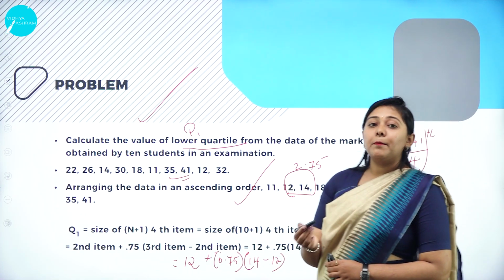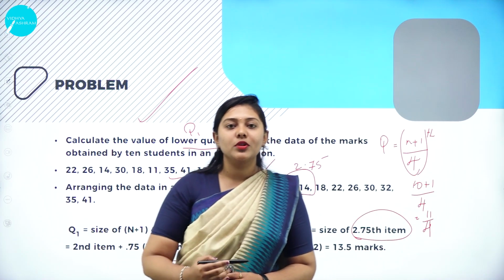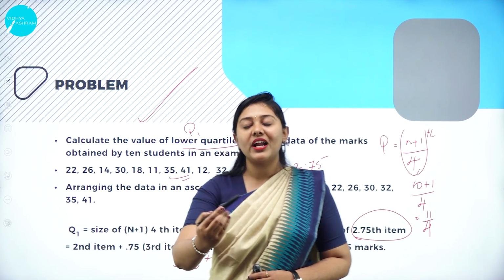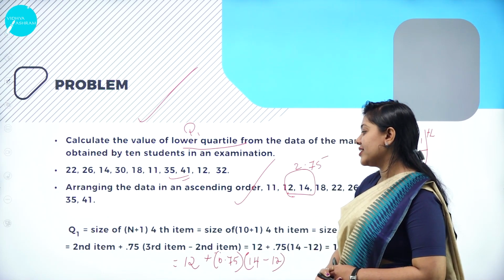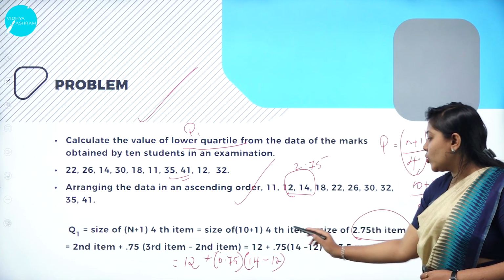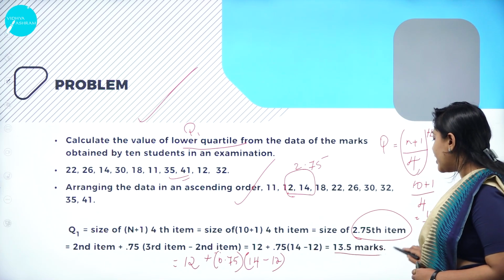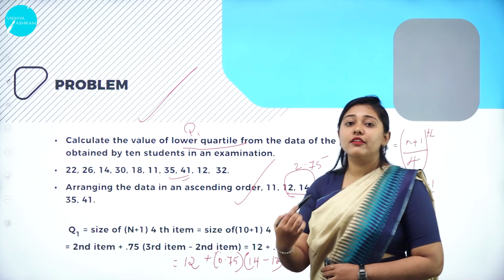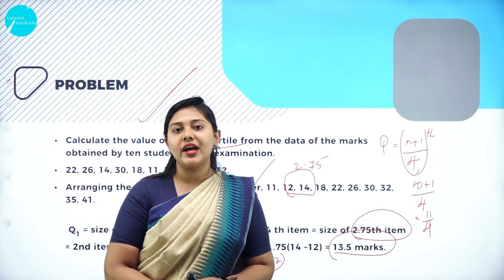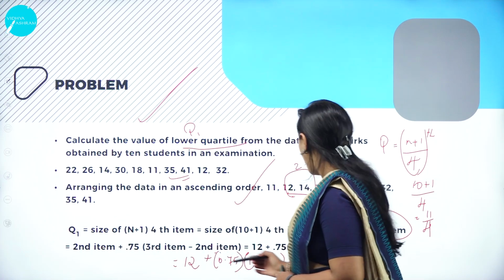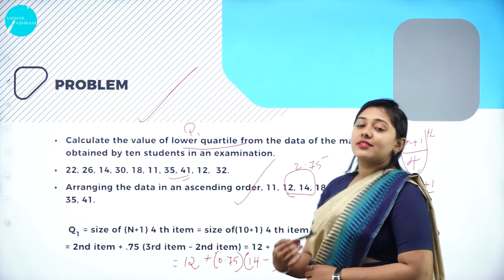So 14 minus 12 will be 2. If you multiply 2 into 0.75 and add it to 12, you get the answer as 13.5 marks. That is the lower quartile you have got.